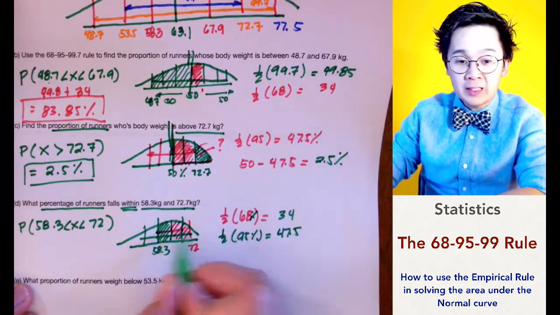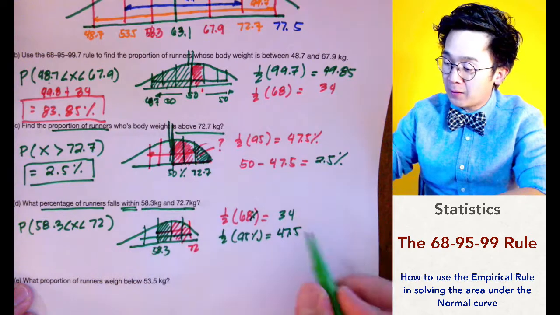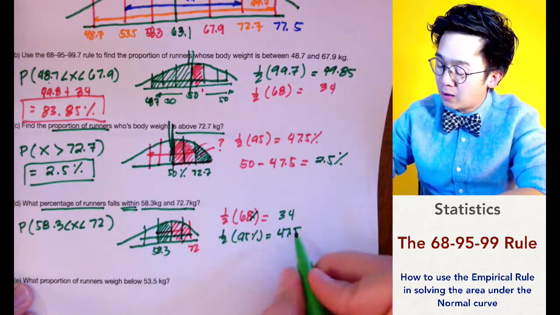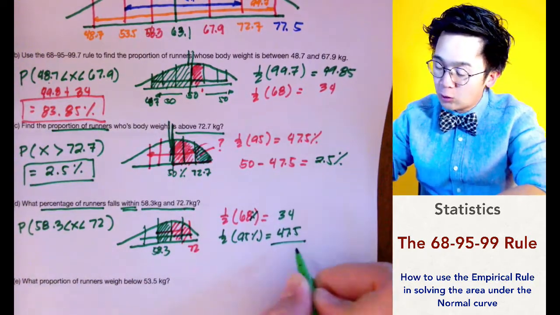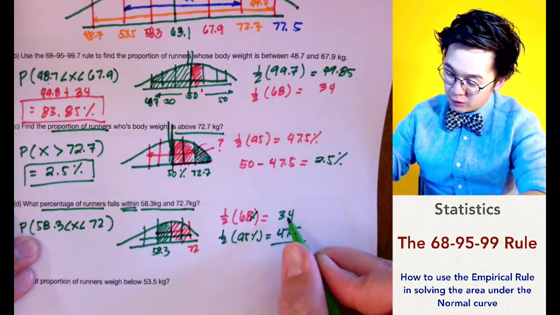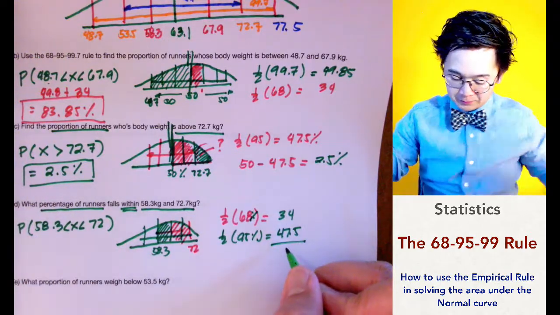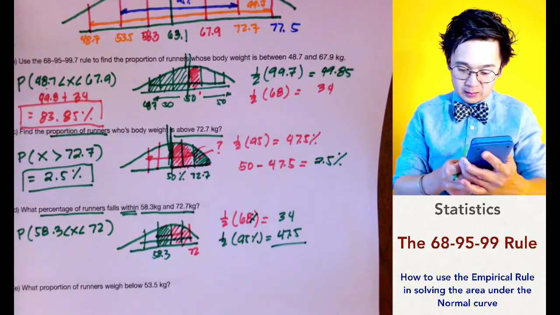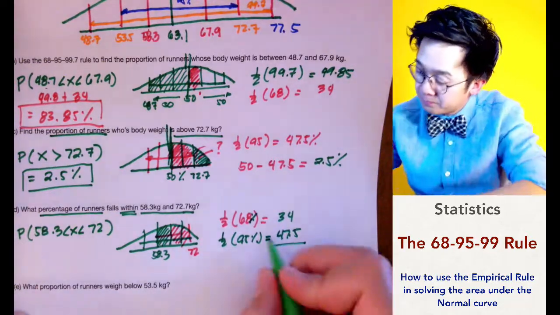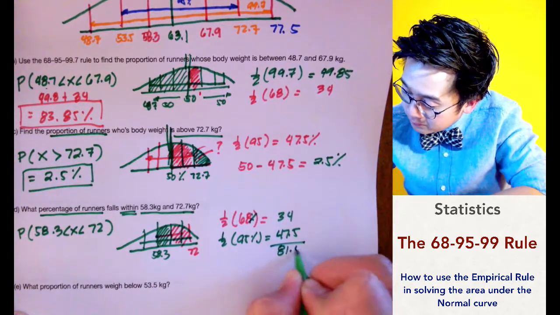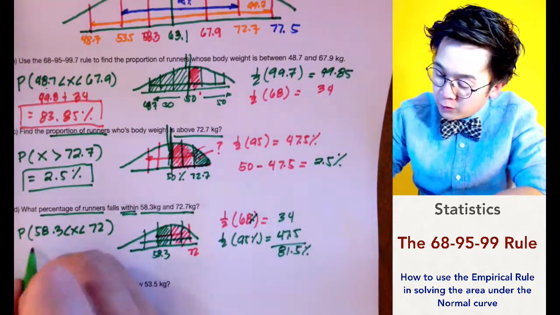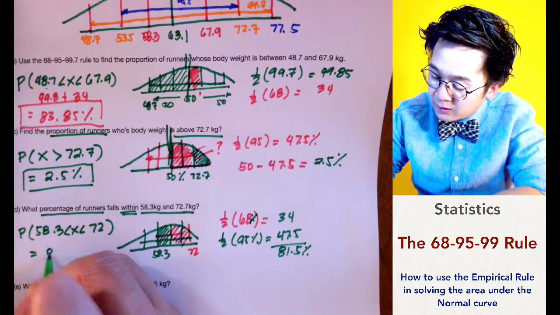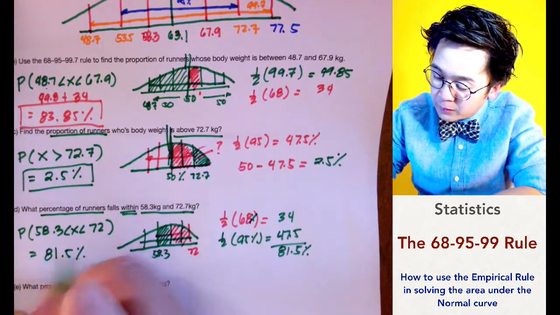So, pag kukunin natin yung kabuuan niya, i-add lang natin yung dalawang percentage at ang total niya ay 34 plus 47.5 gamit ang calculator is 81.5. So, yung area under the curve is 81.5%.